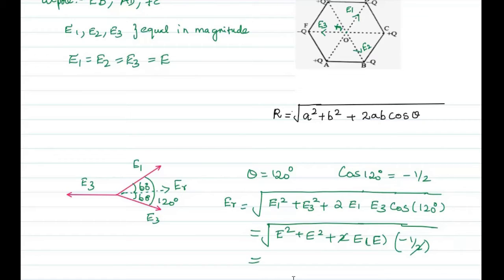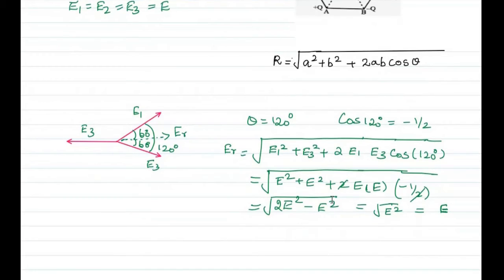We get E squared plus E squared, which is 2E squared, minus E squared. So 2E squared minus E squared is root of E squared, which is equal to E. So the resultant ER is equal to E, the electric field due to the dipole.